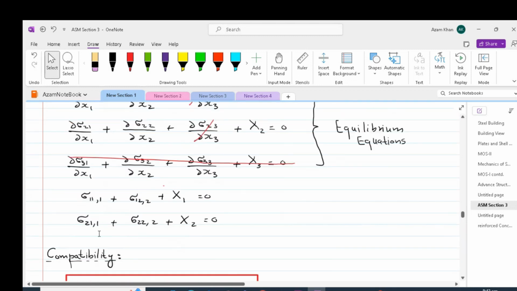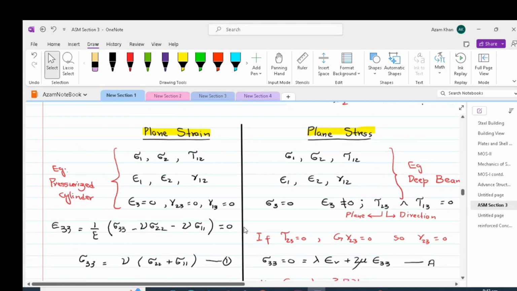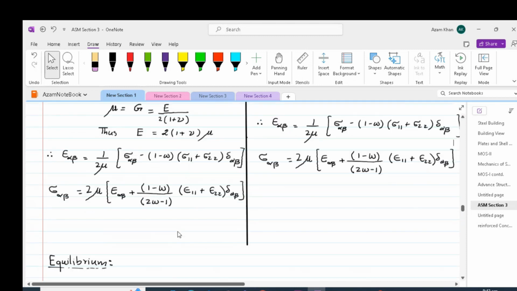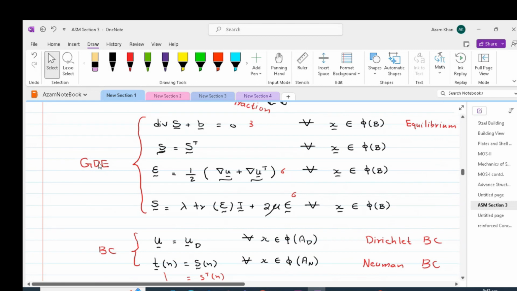So we are left with two equations. These two are applicable for both plane strain and plane stress problem. Now, finally, we will discuss compatibility. So essentially, we are trying to apply the boundary value problems onto our plane stress and plane strain problems.